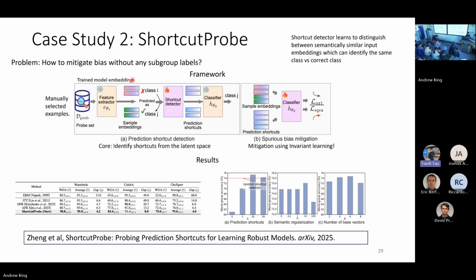That's again a star to this, because the work presents it as mitigating bias without any subgroup labels, but they do have a probe set, a held out data set, that they suspect might be containing a shortcut.